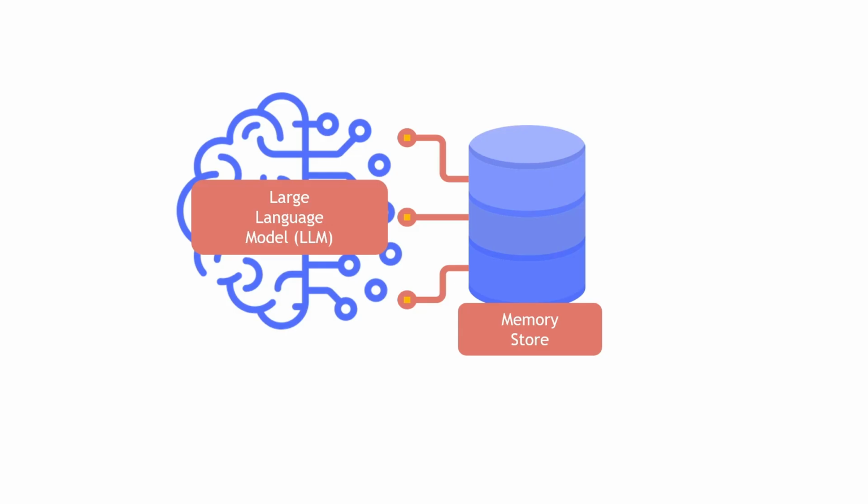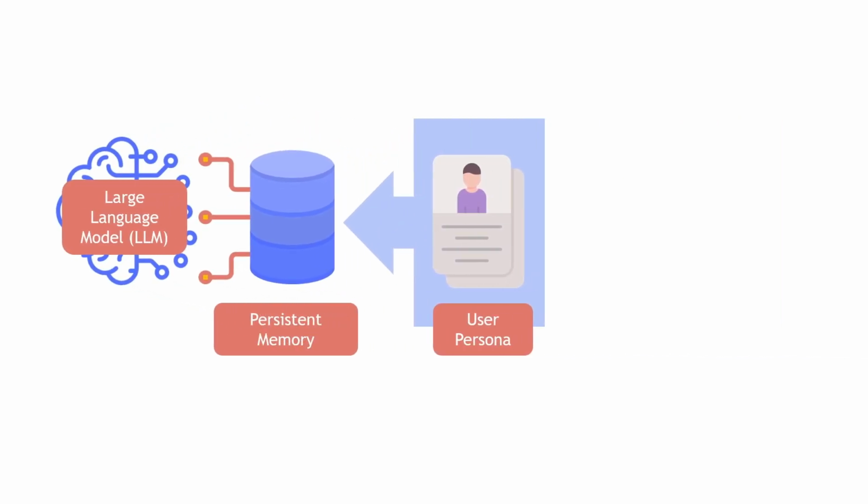With memory enabled, the chatbot can retain useful information from your past interactions. Over time, it may build a profile containing details about your background, your preferences, and the way you work. That information can then be included as context in future conversations. This allows the chatbot to respond in a way that is more relevant to you.